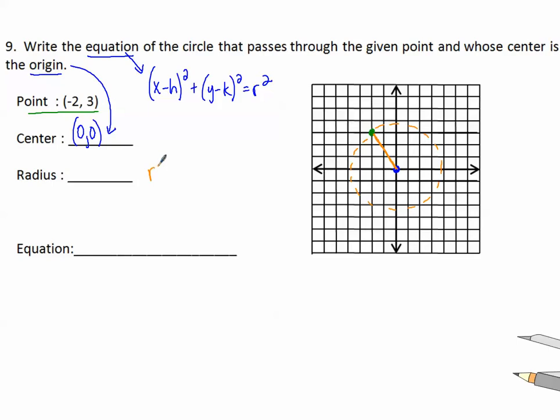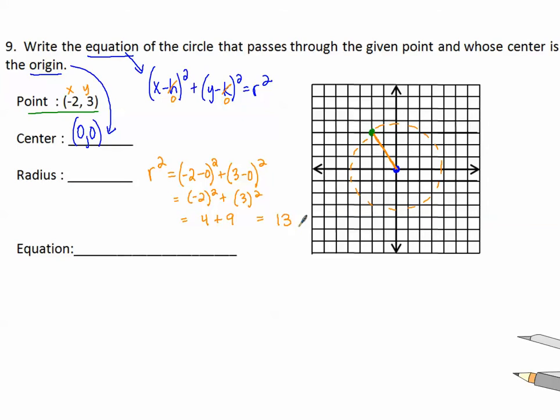So remember that r^2 is equal to all this stuff right here, with (h, k) being the center, which is (0, 0). So if I want r^2, this is my x and this is my y: (-2 - 0)^2 + (3 - 0)^2. This is (-2)^2 plus 3^2, or 4 plus 9, which makes 13.